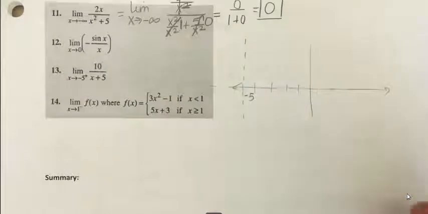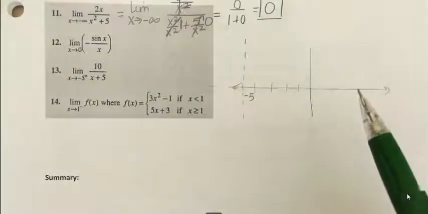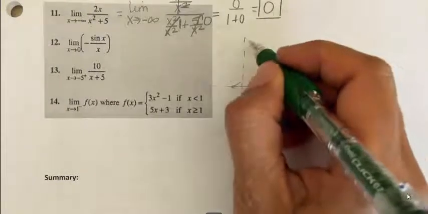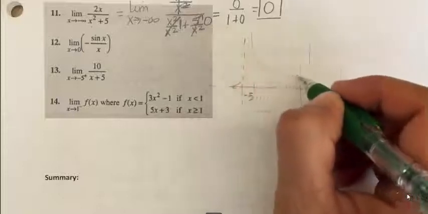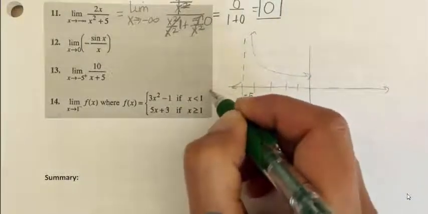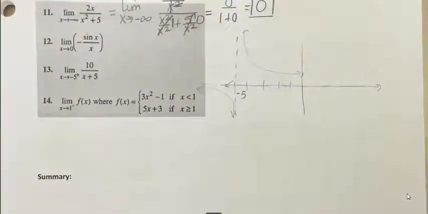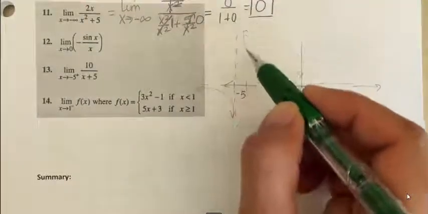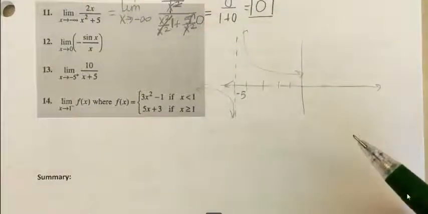And then I believe, if I'm correct on this, if I plugged in, for example, 0, I would get 2. So I think our graph is going to look something like this, and something like this. So that's my guess.